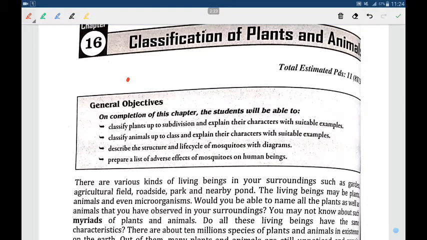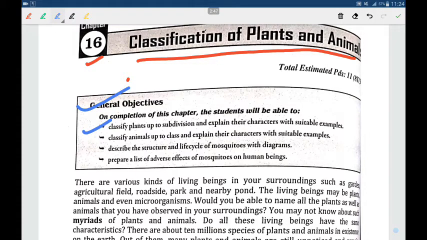That is plants and animals, Chapter 16. We are starting the biology portion. What's given here? Objectives. What will you do after completion of this chapter?